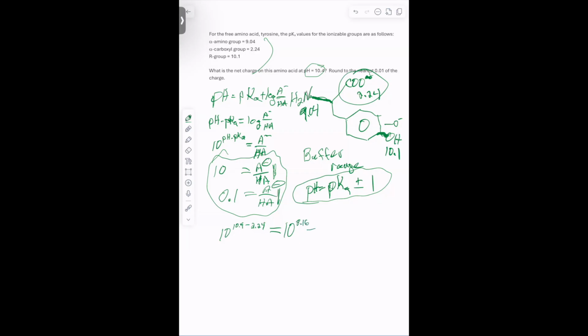And that's going to then be equal to 1.44 times 10 to the 8th. So that's equal to the ratio of A minus to HA. And if you see how huge that number is, in other words, we're saying the amount of HA that would be around at that point.